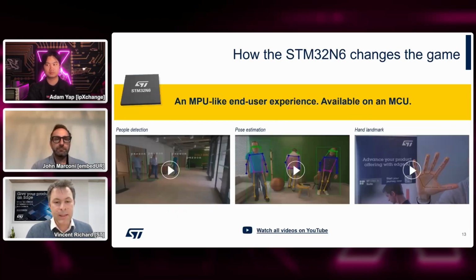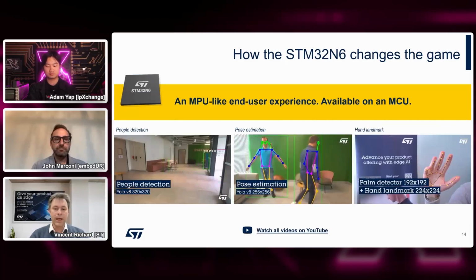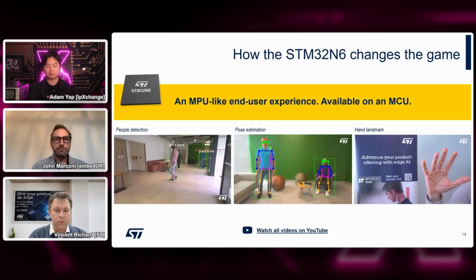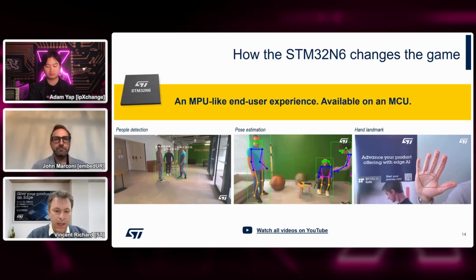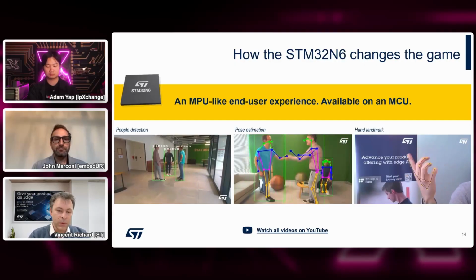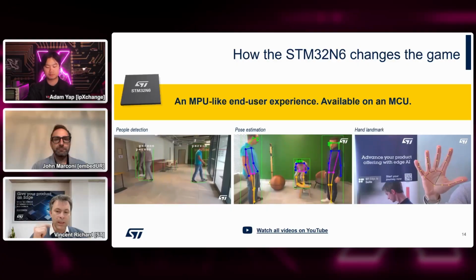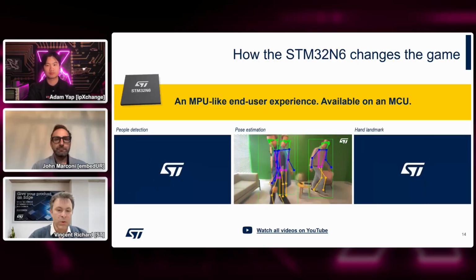Okay, so let's see this device in action. Overall, running AI on this MCU thanks to the neural processing unit reduces the CPU load and increases the frames per second and speed of operation of the AI, while remaining much more power efficient than a microprocessor.